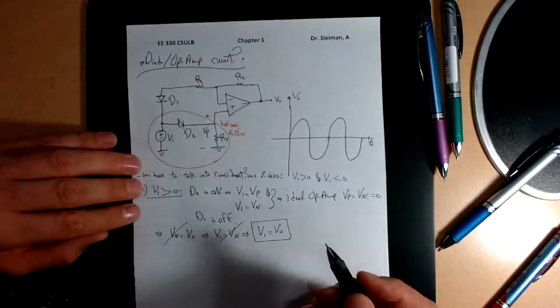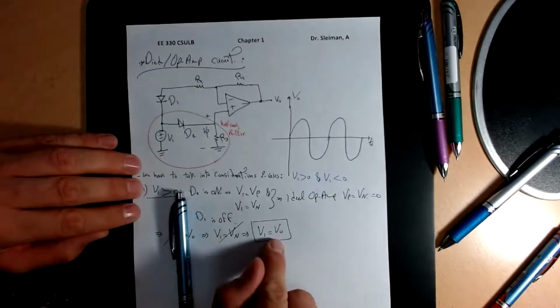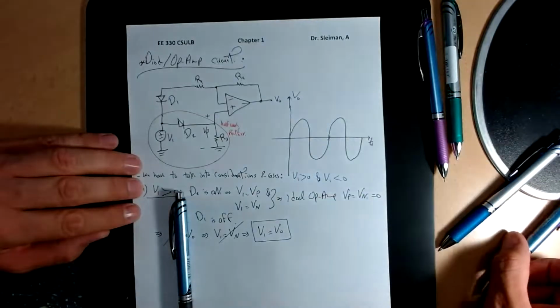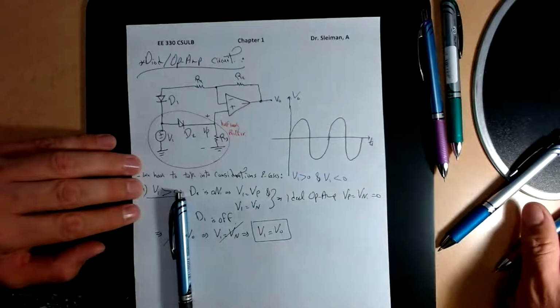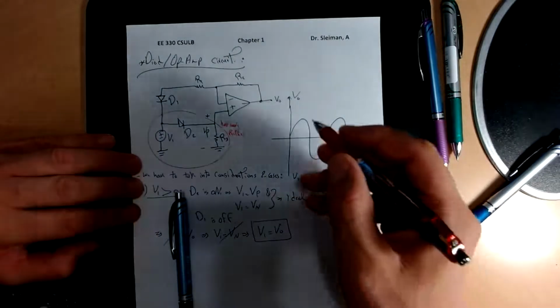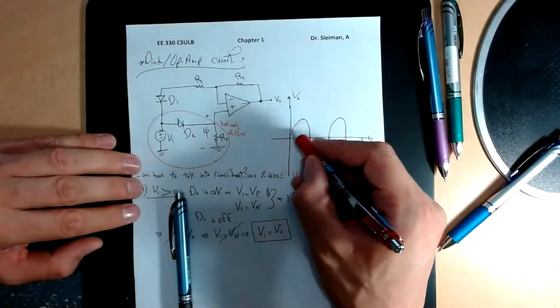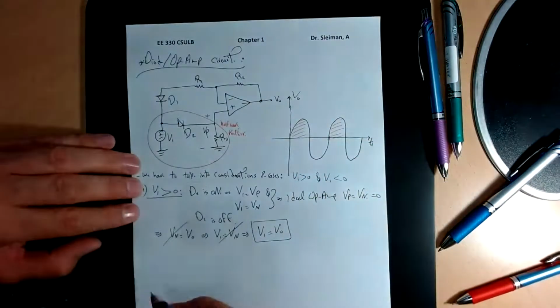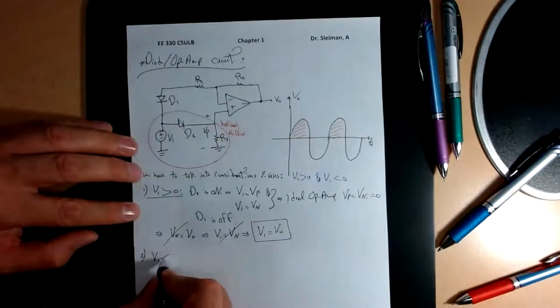So that means all of these circuits will be taken into consideration. What about when V1 is less than 0?